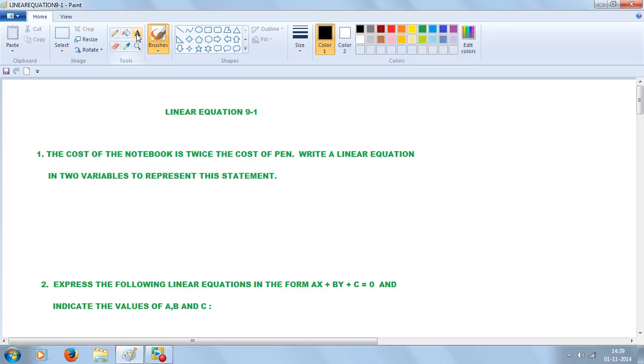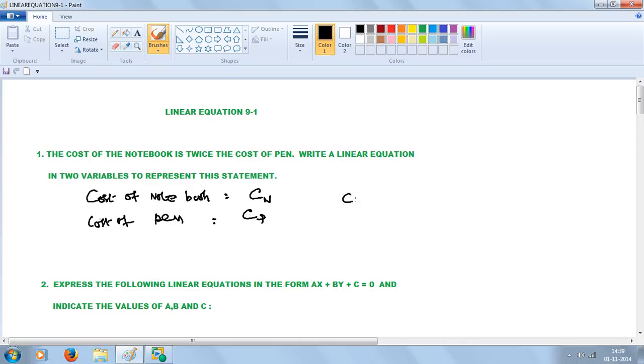So in this, let us take the cost of notebook as Cn, and the cost of pen as Cp. What is the relation? The cost of notebook is twice the cost of pen.